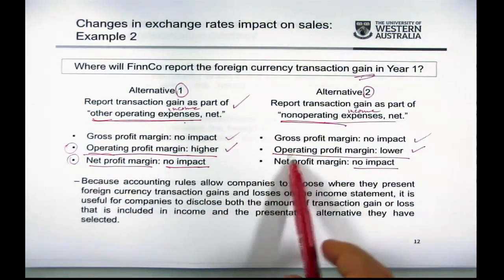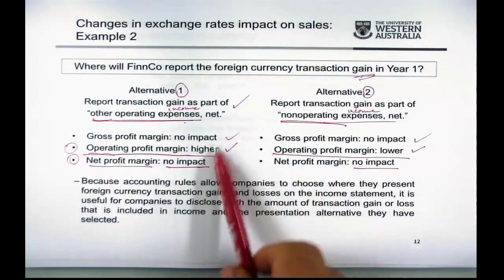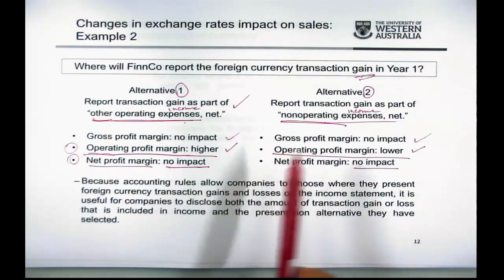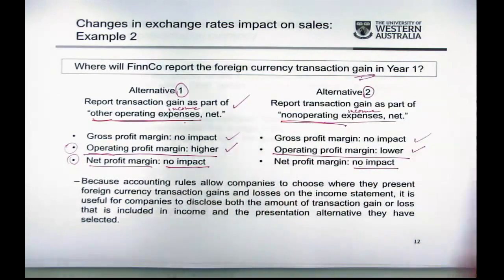So if you find two firms that report the gain or loss differently, they are not comparable. To compare them, you should reclassify and make sure that the two report the gain or the loss similarly. Make sense? Okay.